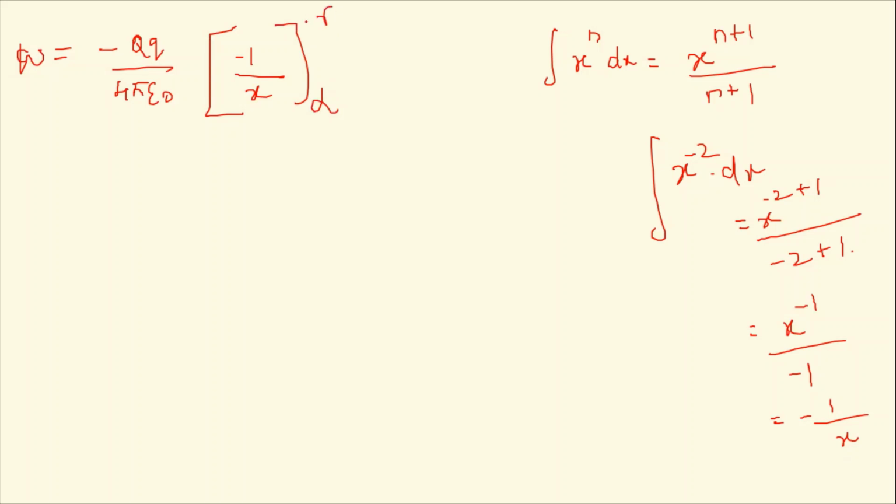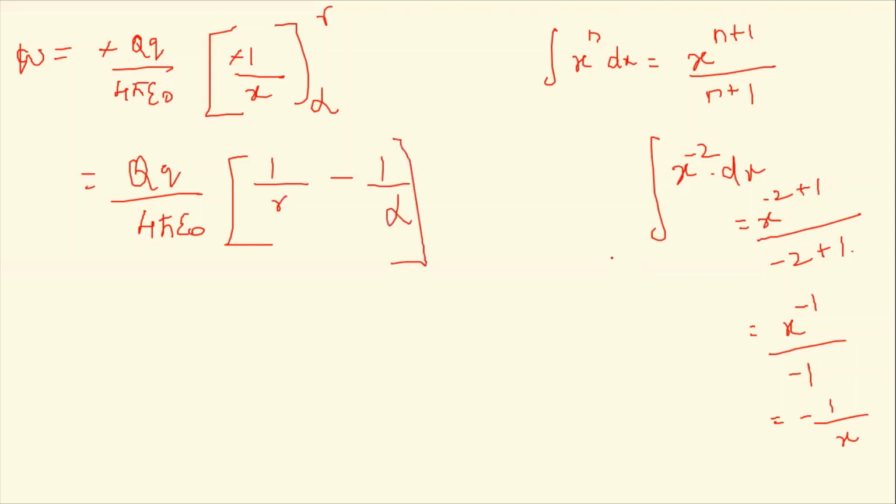So you have to substitute the upper limit first, followed by the lower limit. Before that, here there is a minus, here there is a minus. Minus into minus will become plus. So it is Qq by 4 pi epsilon naught into upper limit, 1 by r minus 1 by infinity. Now 1 by infinity is 0.